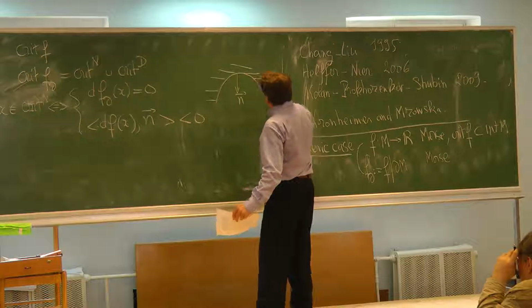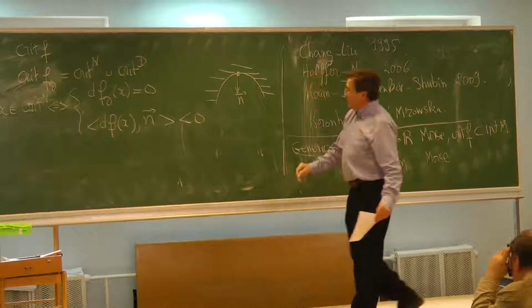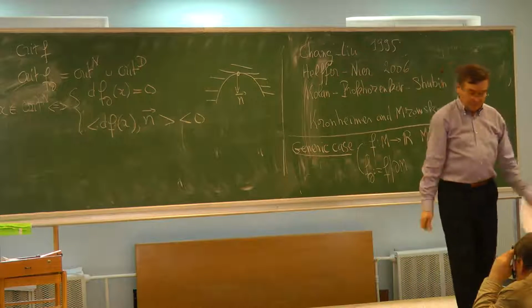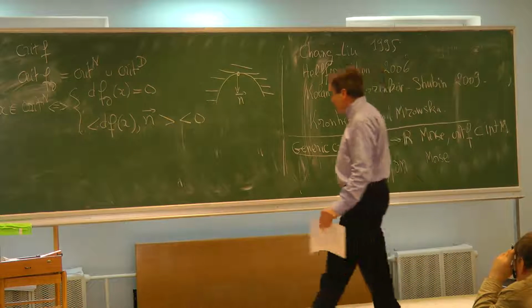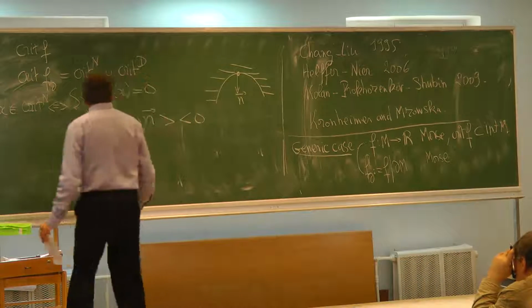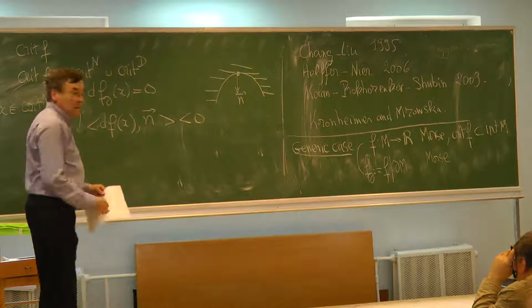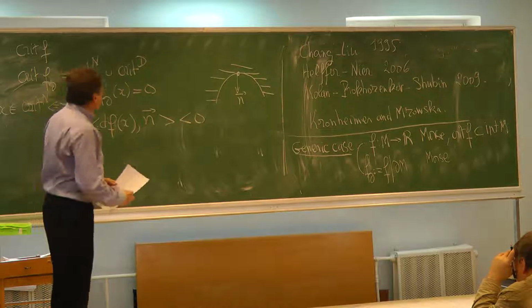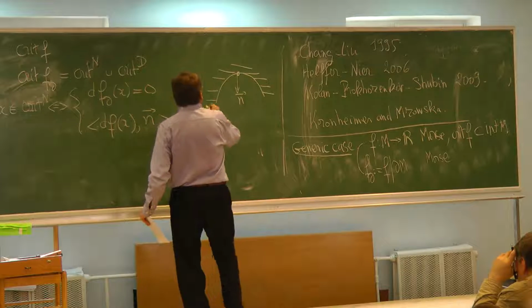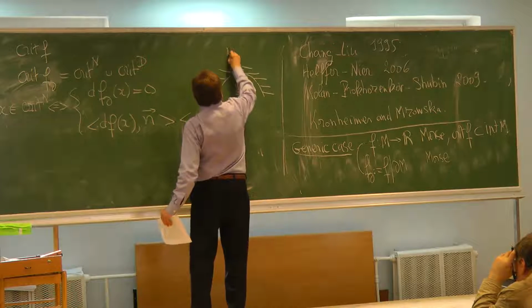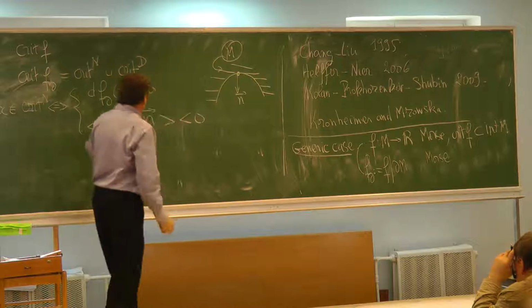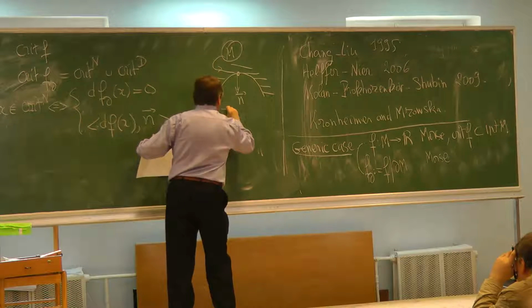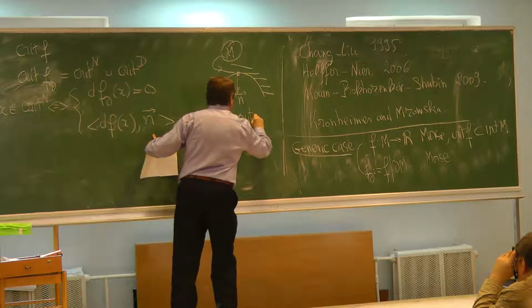It is an arch like that. Shadowed is M. It is the outgoing, pointing outwards.